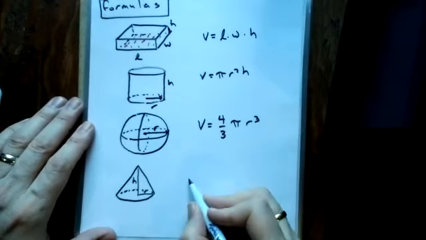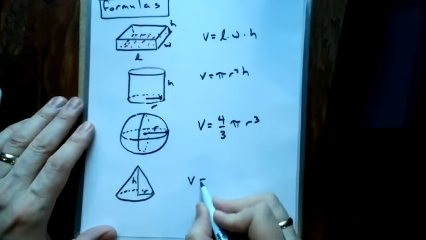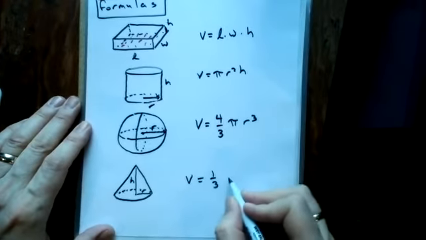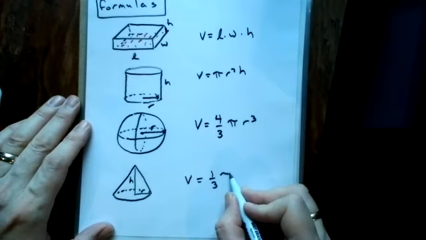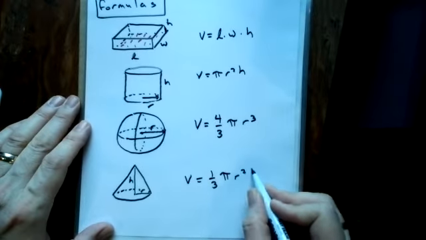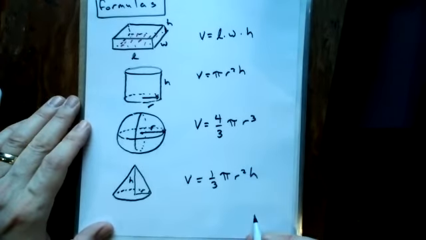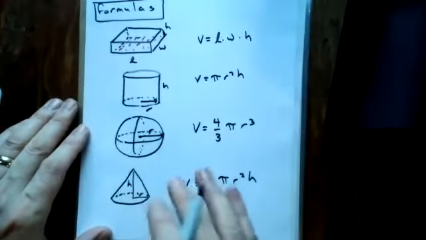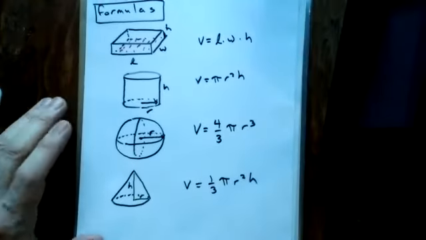But the volume of this is 1/3 times pi r squared h. So these are our formulas.